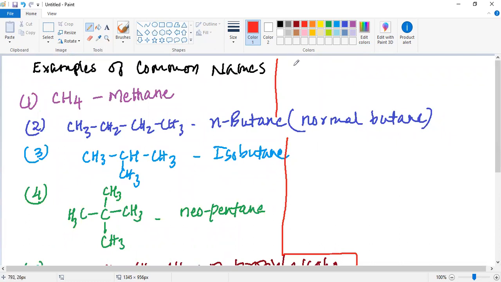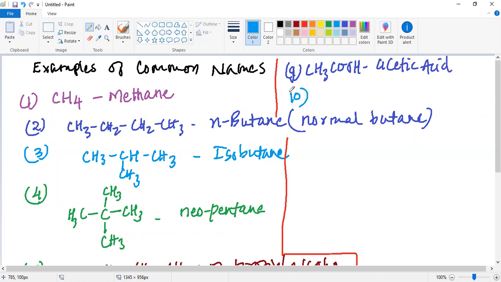So let's have the ninth one, CH3COOH, which is acetic acid.